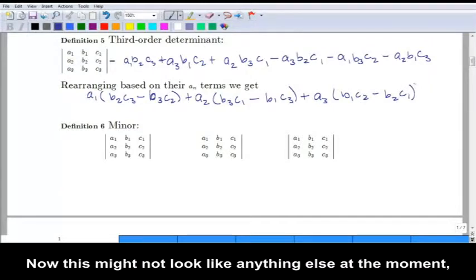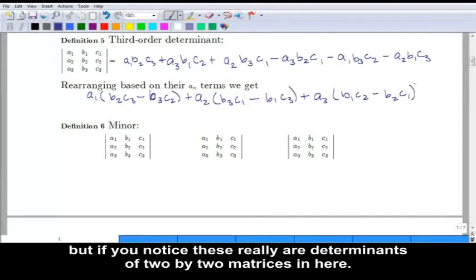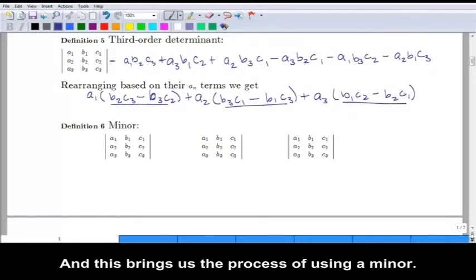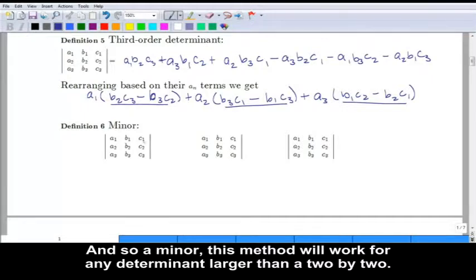Now this might not look like anything else at the moment, but if you notice, these really are determinants of 2 by 2 matrices in here. And this brings us to the process of using a minor. This method will work for any determinant larger than a 2 by 2.